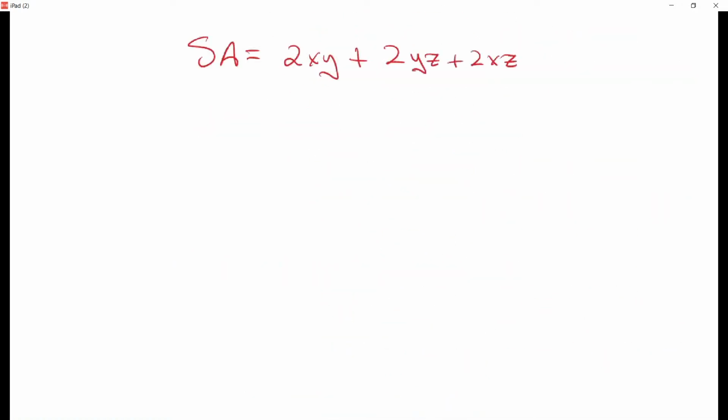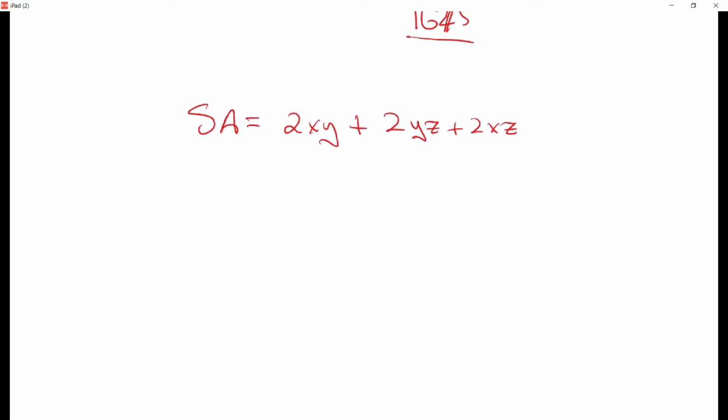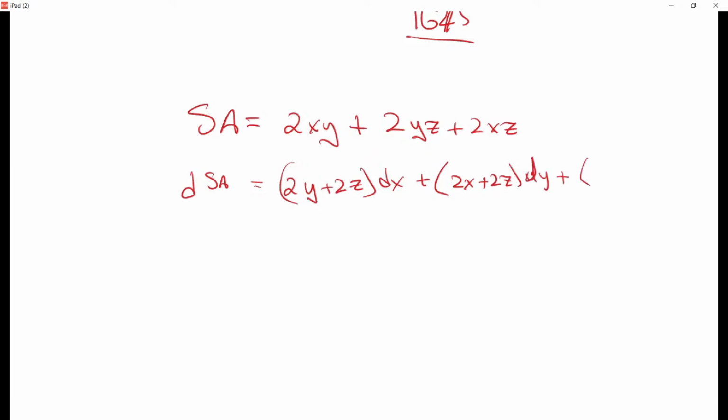So we're going to do the same thing we did with the practice problem, and we're going to do the derivative of surface area, or the differential. That's going to be 2 times y plus 2 times z times dx. So I did the derivative in the x direction, and then the derivative in the y direction, and then the derivative in the z direction.